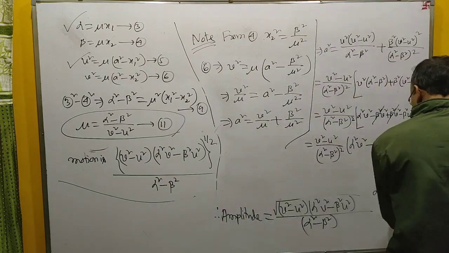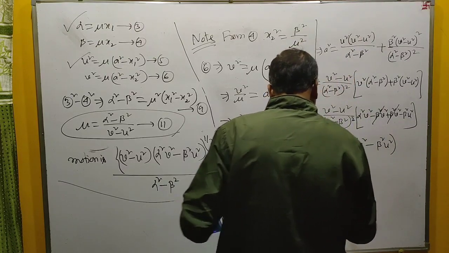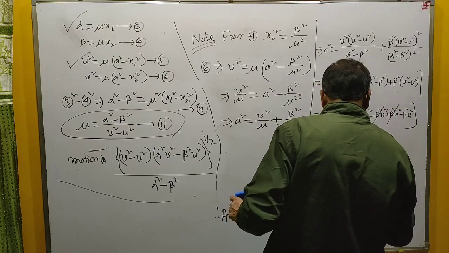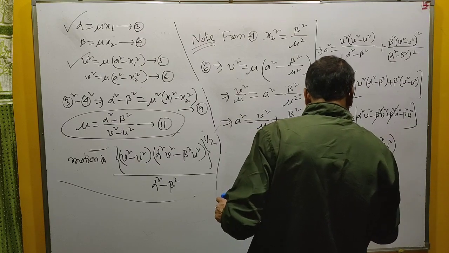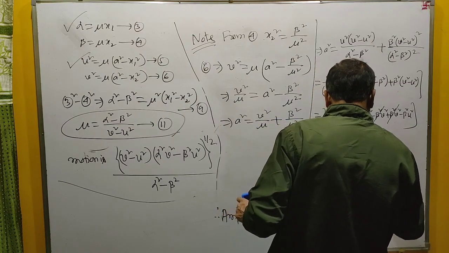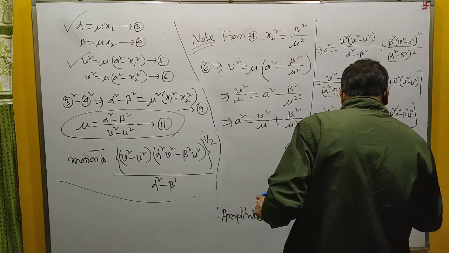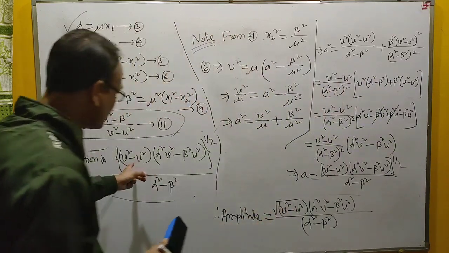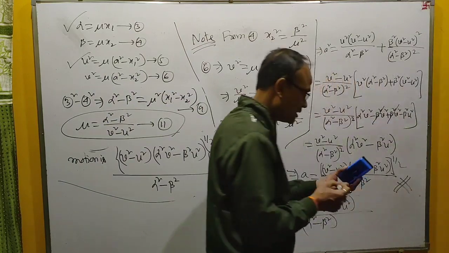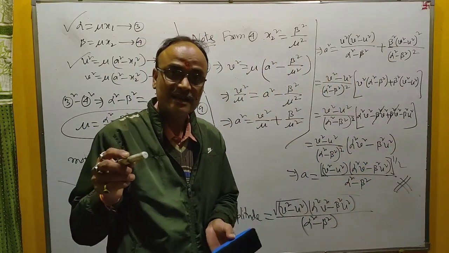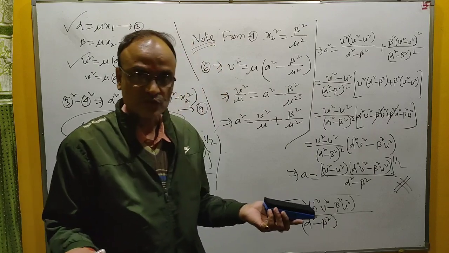This means A equal to v square minus u square divided by alpha square minus beta square, into alpha square v square minus beta square u square, whole to the power half. A is equal to this. Now in this way you can find the value of A in terms of alpha, beta, u and v. In this way we can find the amplitude of motion.